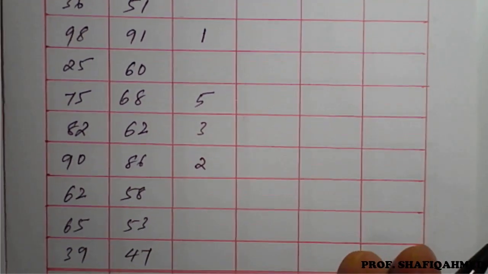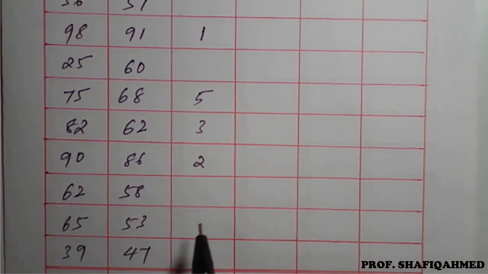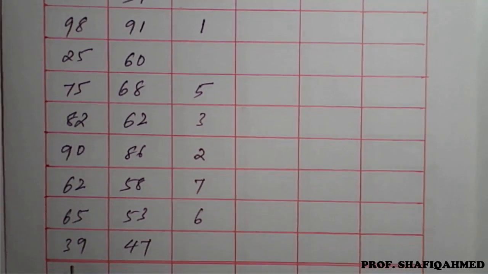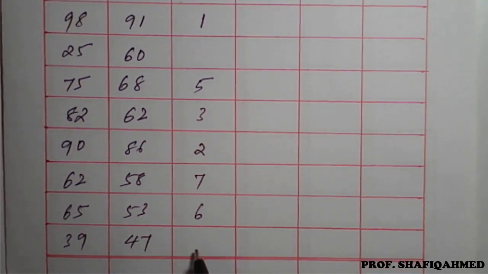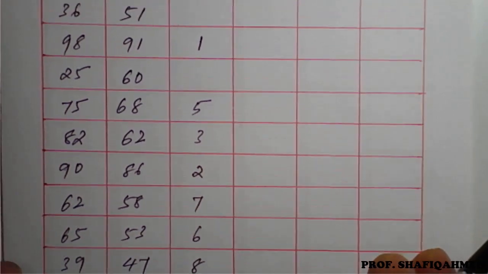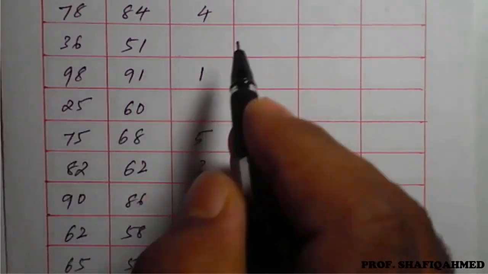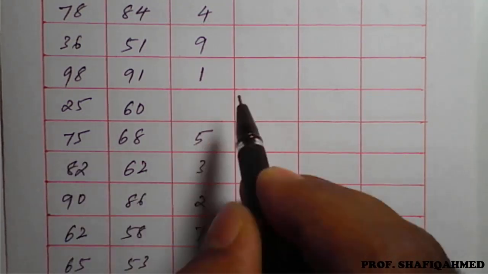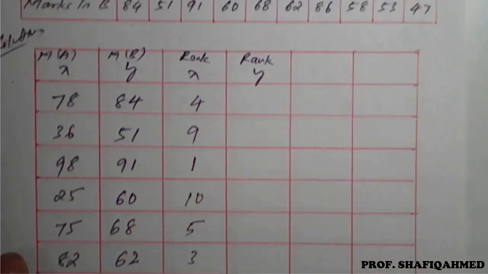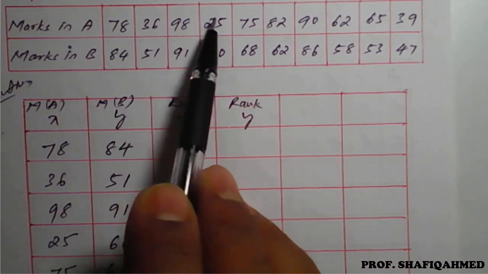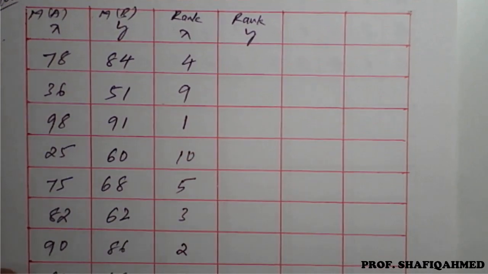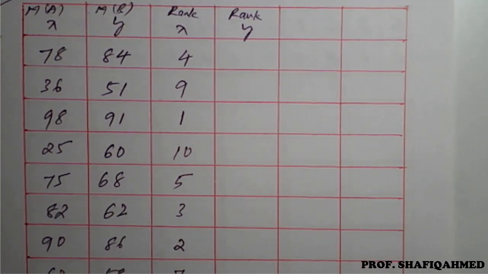Then 65, rank 6. 62, rank 7. Then 39 will be rank 8. Then 36 will be rank 9. Then 25 will be rank 10. If you count, it is 1, 2, 3, 4, 5, 6, 7, 8, 9, 10. So 10 ranks according to highest to lowest.